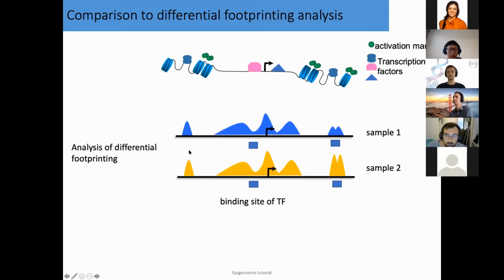If you remember what Li explained, if we have two types of samples, like here, and these are the footprint locations, and there are also binding sites of a TF that we're interested in, then in the previous analysis you would take all of those binding sites that are in footprints and compare the protection score between the two samples.